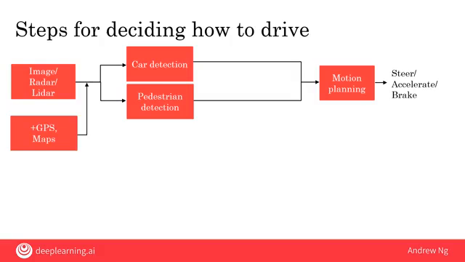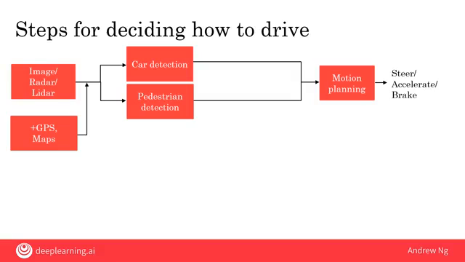Most self-driving cars today will also use GPS to sense its position, as well as accelerometers, sometimes called an IMU, basically means accelerometers and gyroscopes, as well as a map, because we know that cars are more likely to be found on the road, pedestrians are more likely to be found on sidewalks, although they are sometimes found on the road as well. And all this is usually additional information that's fed in to detect cars and pedestrians, as well as other objects we'll talk about in a second.